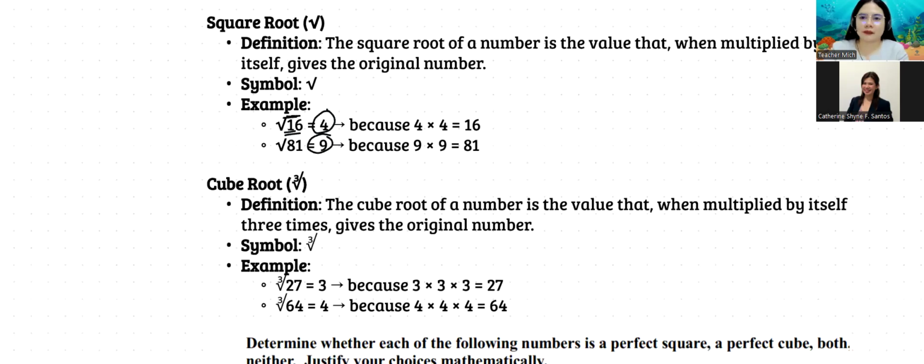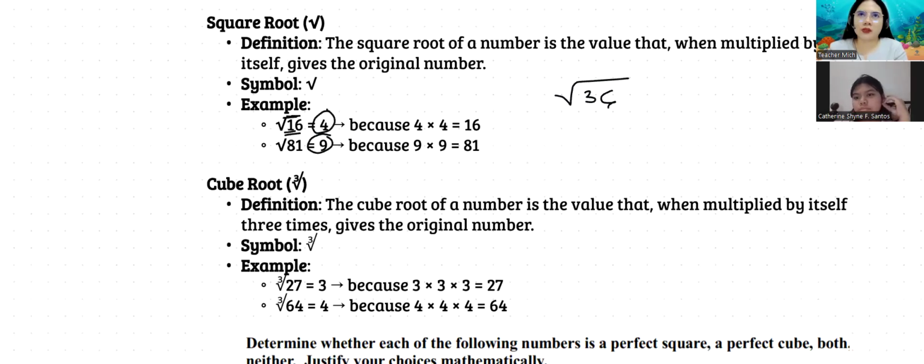How about this one, Kate? We have here the square root of 36. Now you tell me, think of a number that when you multiply twice by itself, the result is equal to 36. It can be 1 times 1 because the answer is only 1.